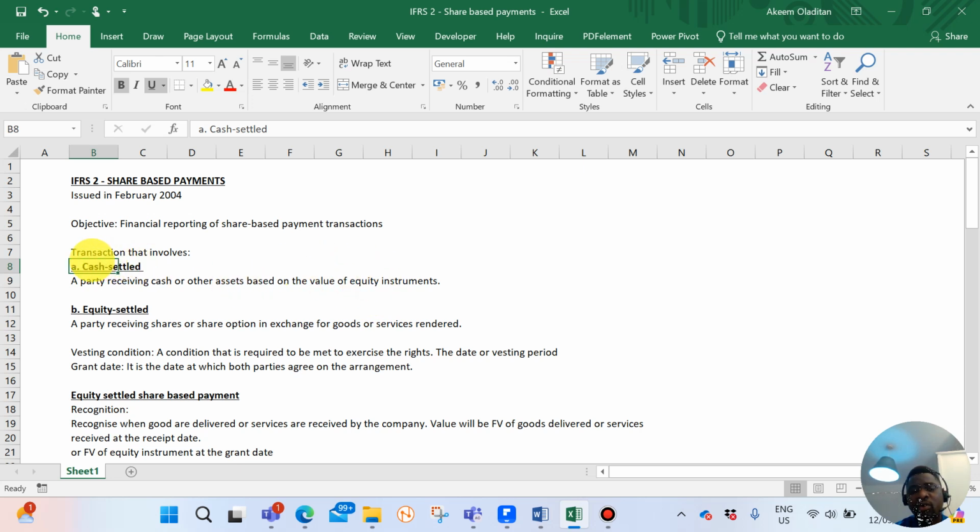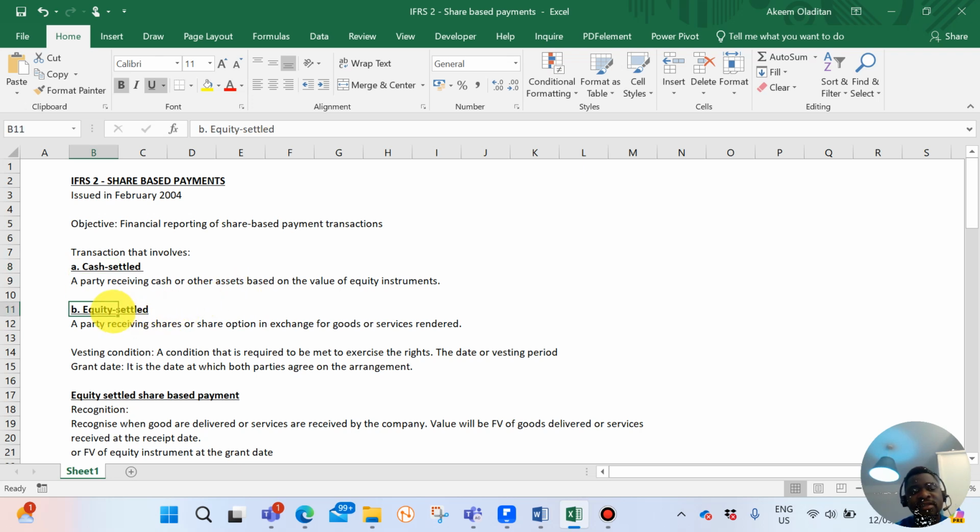That is what they call cash settled. So it can be in the form of cash or other assets, but that has to be in the value of equity instruments. So that is what they call a cash settled share-based payment transaction.